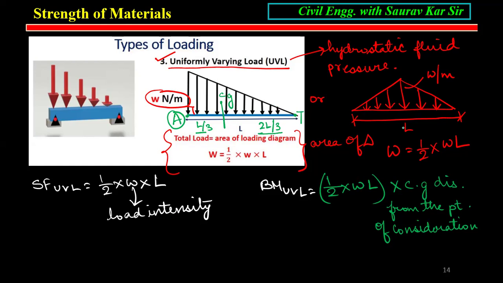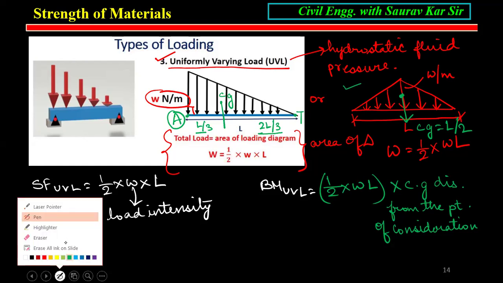Here in this triangle, the CG will be at this point. Here the CG will be simply L by 2. So keep in mind what type of UVL it is. If it is a right angle triangle form, then it is L by 3, and if it is a triangle in this form, then L by 2.